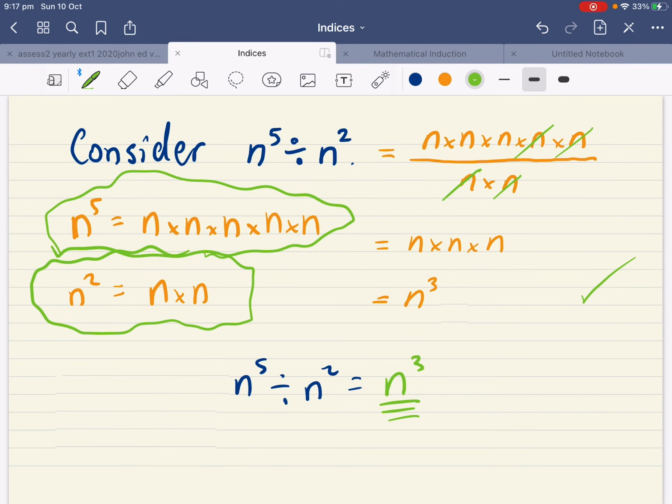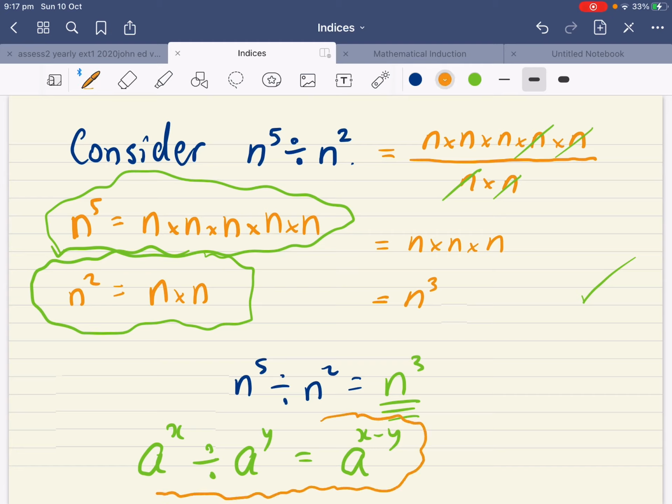We could write it as something like a to the power of x divided by a to the power of y will just give you base stays the same, you take away the powers. This here in this orange cloud is index law number 2. Every time we're dividing, you don't need to do that working out of writing it out, cancelling top and bottom, and then rewriting it in index notation. You just keep the base the same, minus the 2 powers, and there you are at the answer.